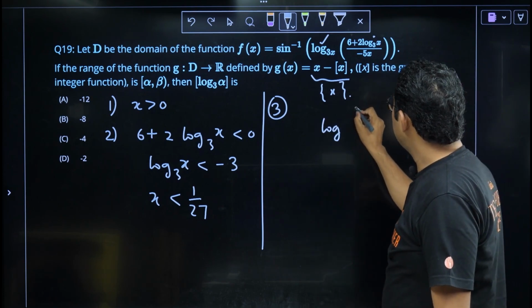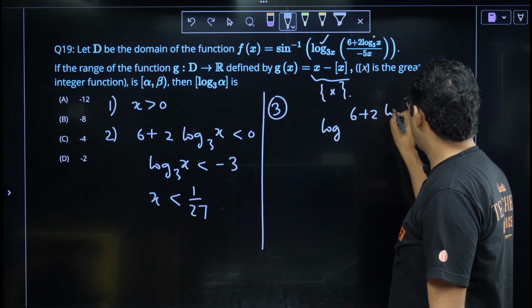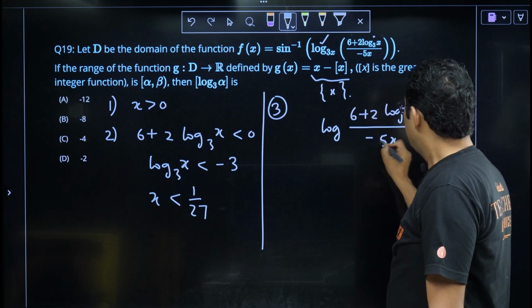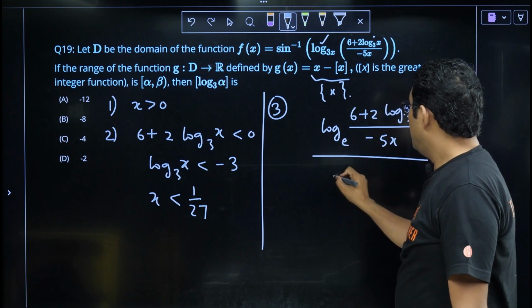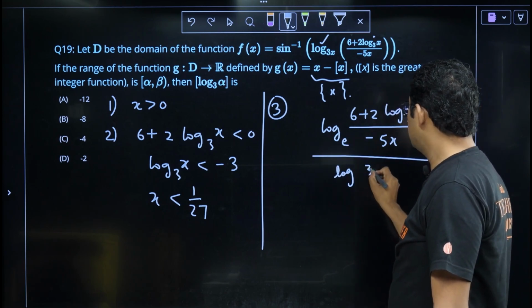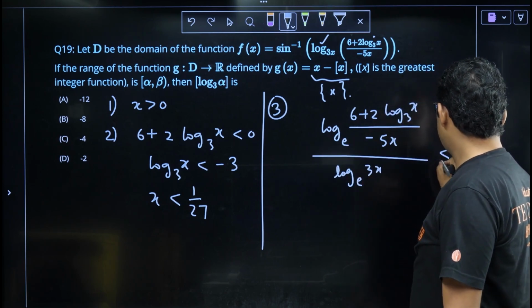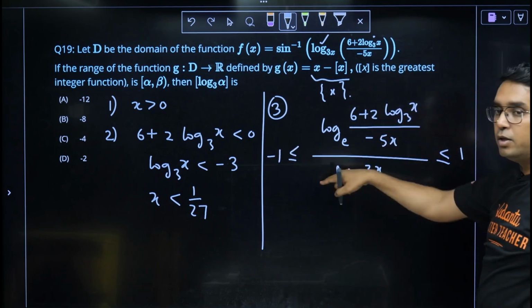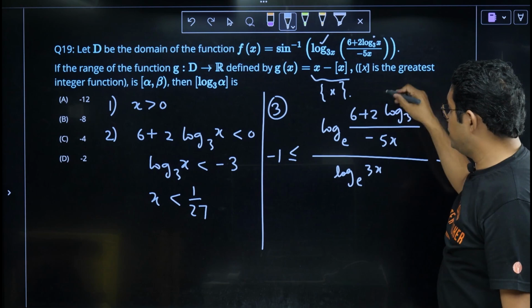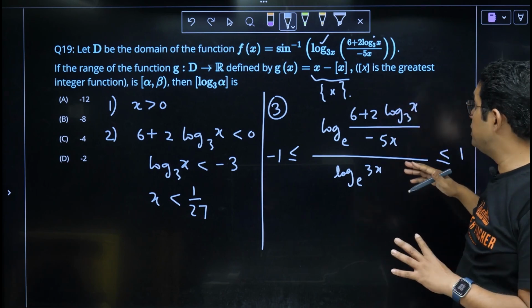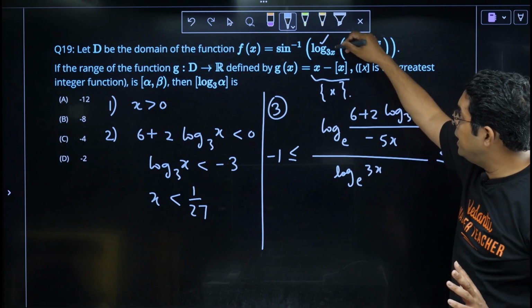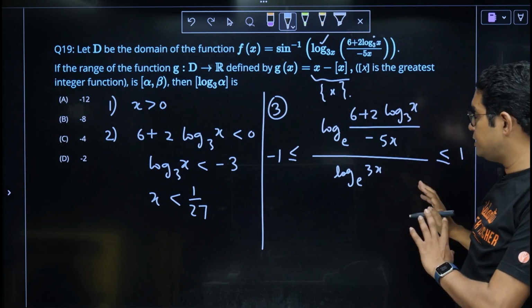So log of (6 plus 2 log x base 3 upon minus 5x), we can choose base e, and here log of 3x base e, will be less than or equal to 1 and greater than or equal to minus 1. This thing I have changed by using the change of base law. So I have used base e here also. This 3x was in the base, so now it will be log 3x base e in the denominator.